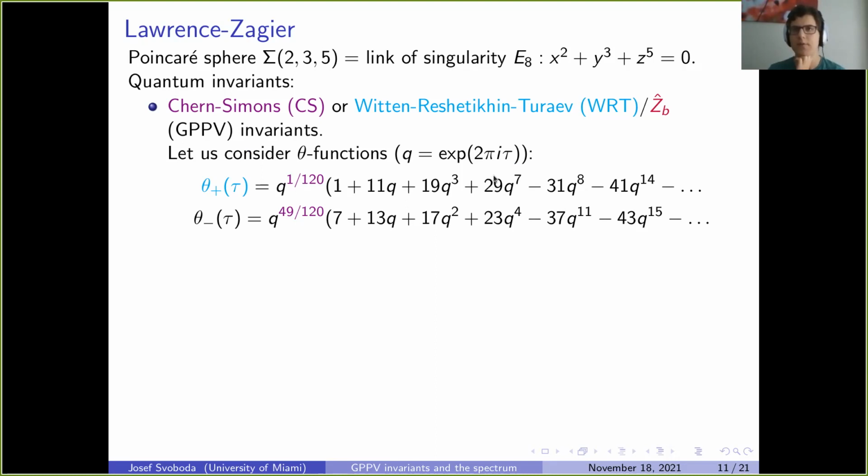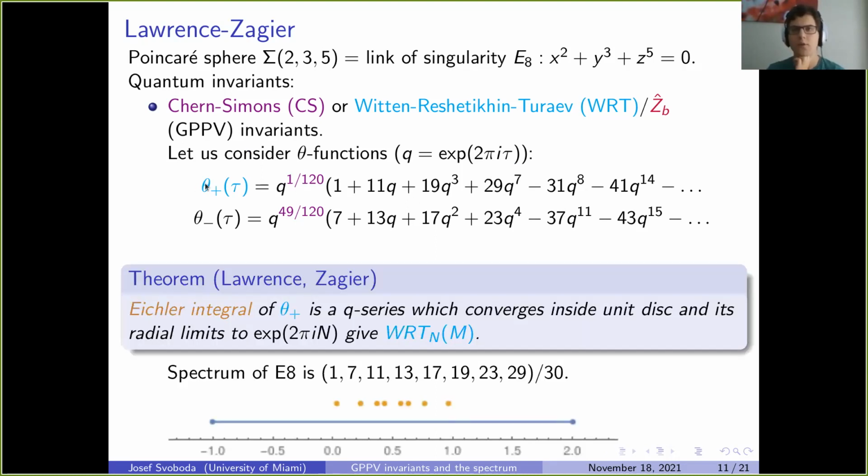Actually, only the first one is relevant for the WRT invariant. WRT invariants were already defined, there were ways to compute them, and they noticed that if you take this series theta plus, this is a nice holomorphic function in the unit disk, except for this funny power, but this is very nice.